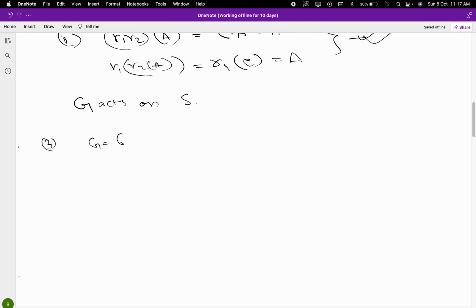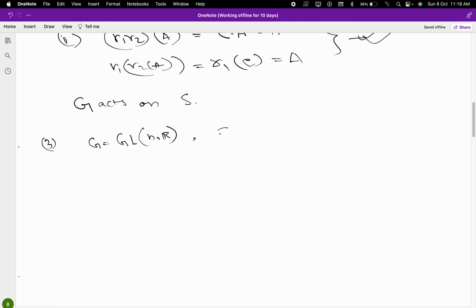Let G be GL_n(R), which is the set of all invertible n cross n matrices whose elements are from R, that means real numbers. You all know this, right?